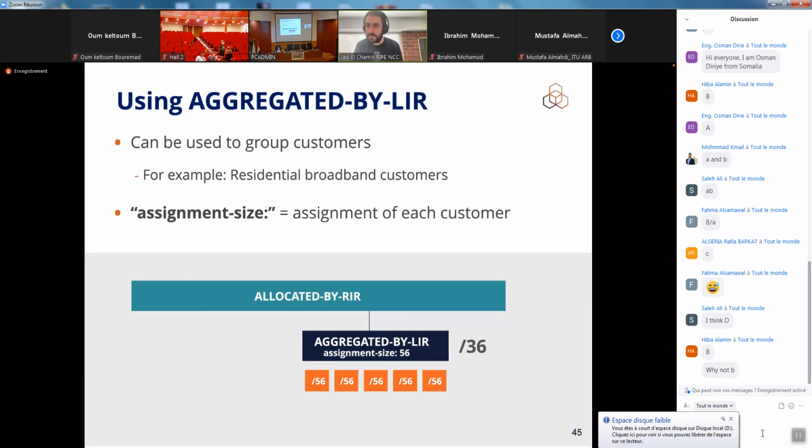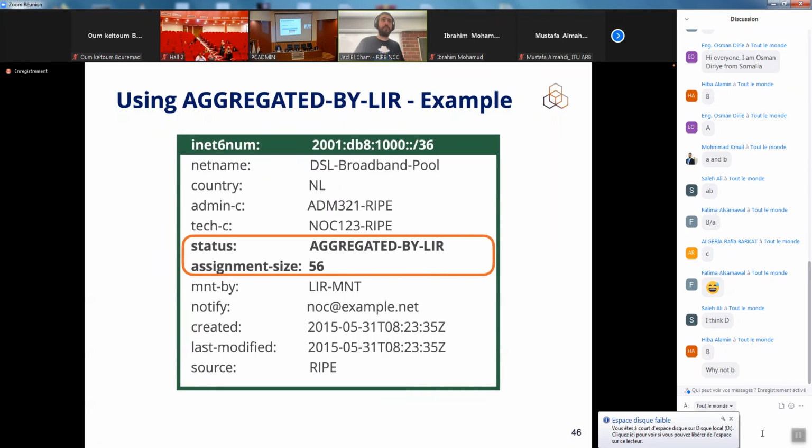What does this mean? It means that in reality, you did not do an assignment which is a /36. It means you did a lot of /56s that fall underneath the /36. This is what it means, and it's there to make your life easier.